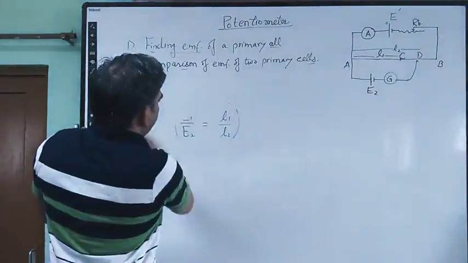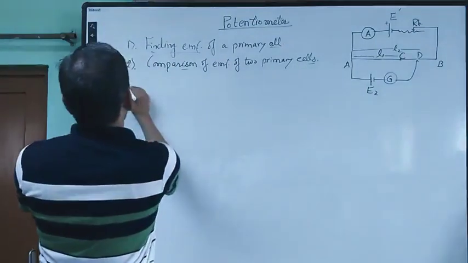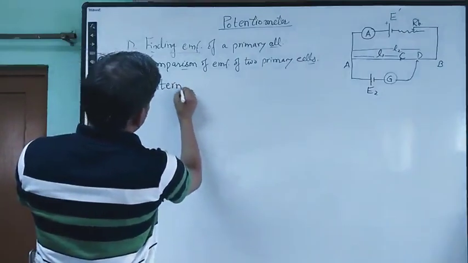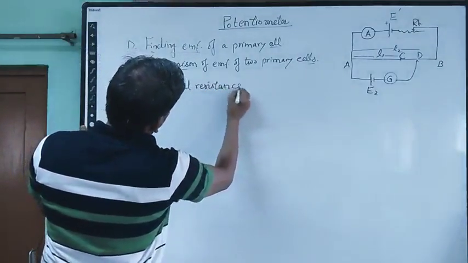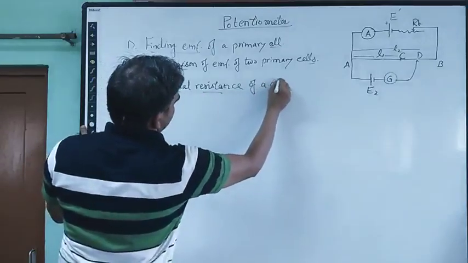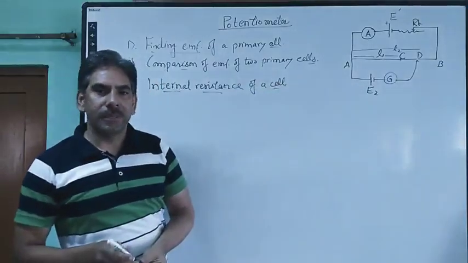The third application of the potentiometer is to find out the internal resistance of the primary cell. We already know the internal resistance of a cell is nothing but the resistance offered by the electrolytic solution of the cell.